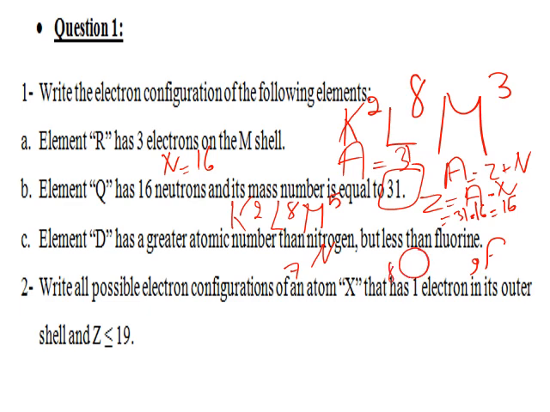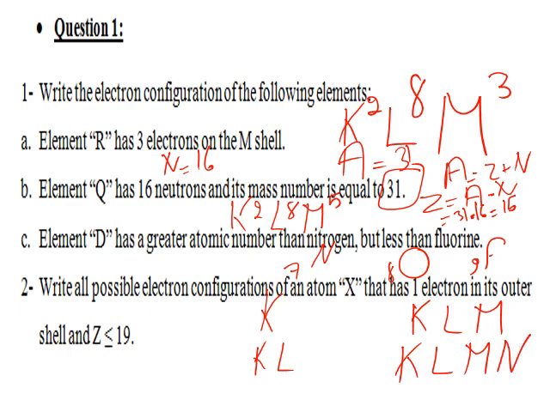Possible electron configuration of an atom X that has 1 electron on its outer shell and Z less than or equal to 19. So we have 1 shell, 2 shells, 3 shells, K, L, M, and 4 shells, K, L, M, and N. 1 electron on its outer level. What do we call this 1?